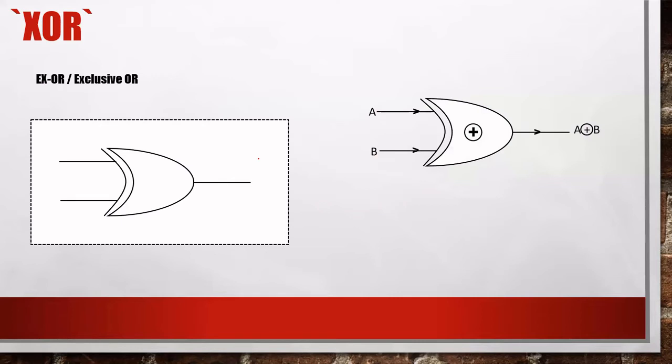Next, we are going to talk about the special type logical gates. This is the XOR, which we call exclusive OR. It's an extended version of the OR operator. If you take the symbol, the usual OR symbol is like this, but additionally you have this additional curved line here. When coding, for the usual operator we have A plus B, but for the XOR we put a circle around the plus mark.